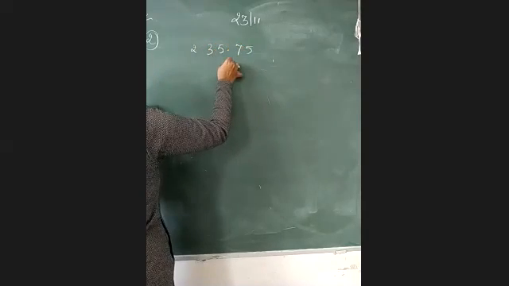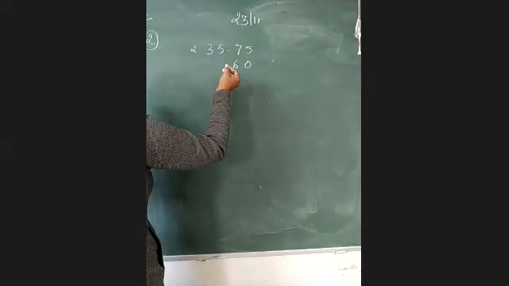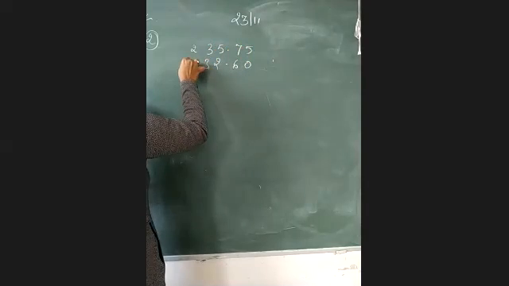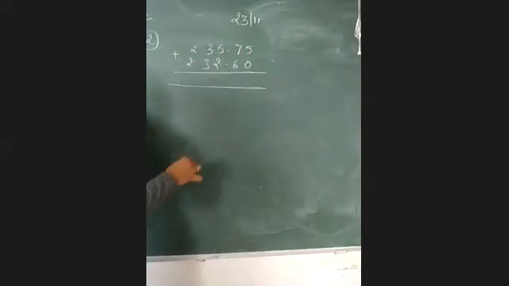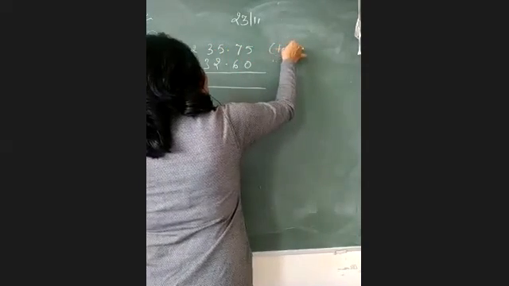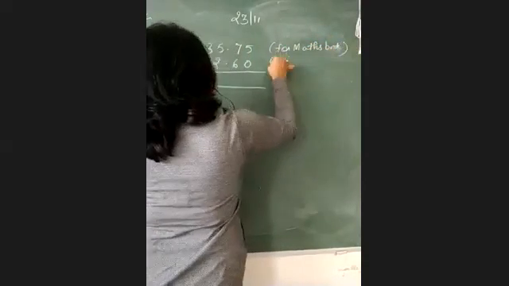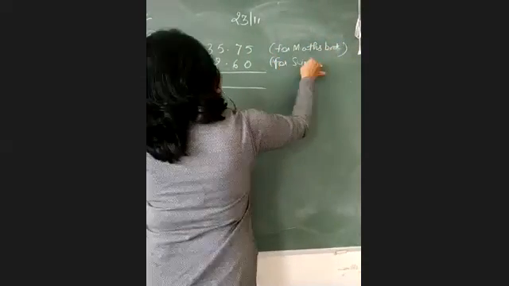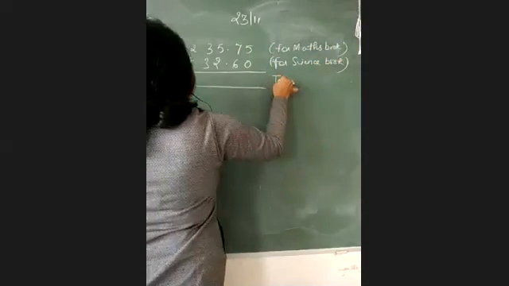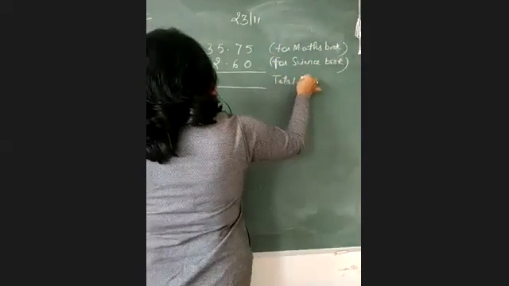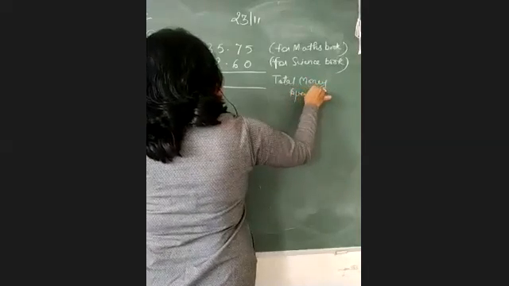35.75 and 32.60 are both already like decimals, so write decimal below decimal, 0 below 0, rupees below rupees, and you just need to add it. After that you need to write it down here: for maths book, for science book, and total money spent.